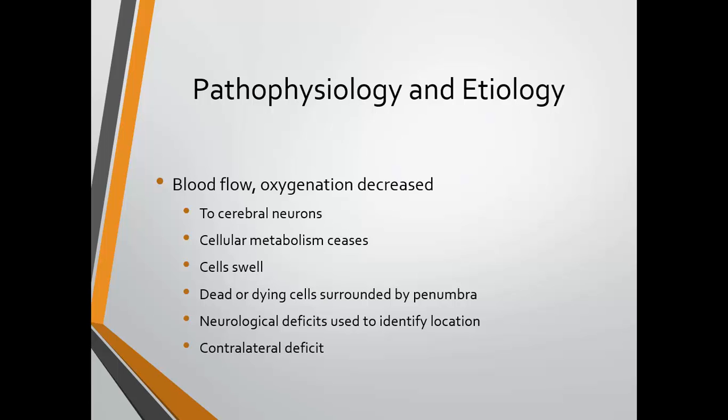Looking at your pathophysiology, blood flow and oxygenation are decreased to the cerebral neurons. The cellular metabolism will cease as glucose, glycogen, and your adenosine triphosphate levels are all depleted.